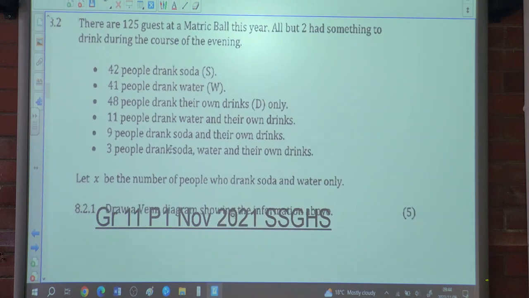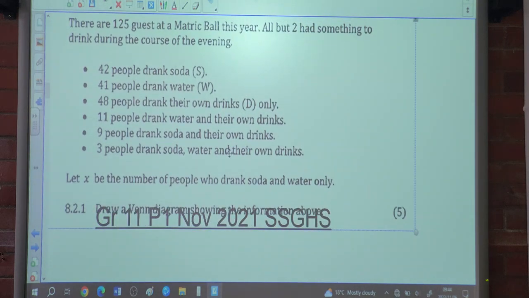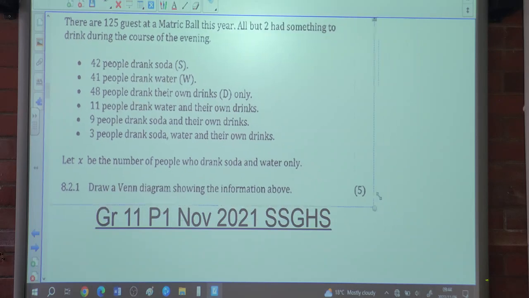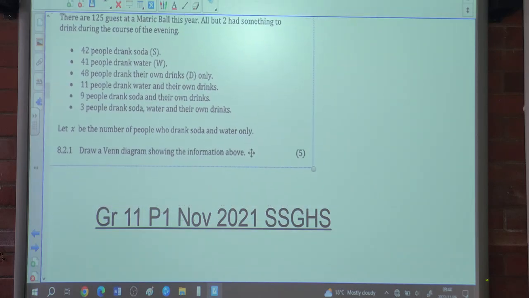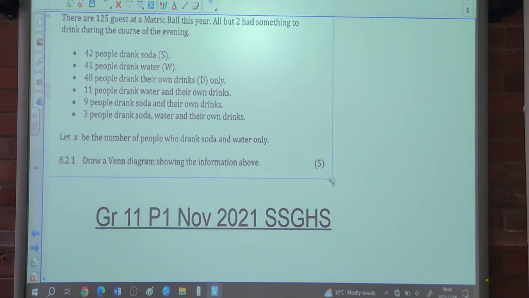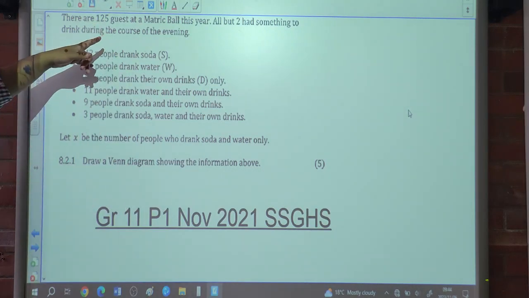Right, 8.2. There are 125 guests at the matric ball this year. All but 2 had something to drink during the course of the evening. So what does that mean? 2 had nothing to drink. 2 was probably fasting.